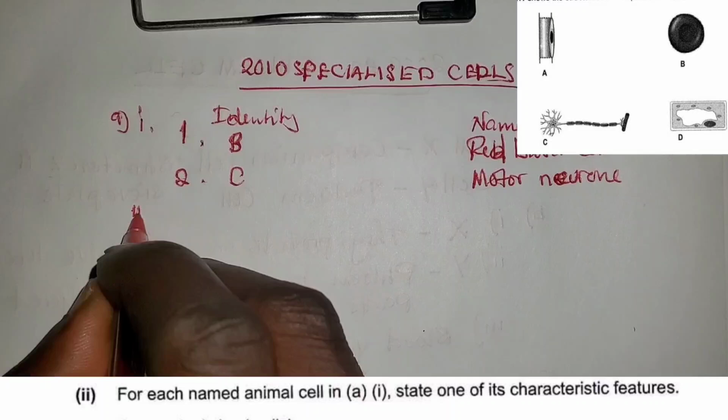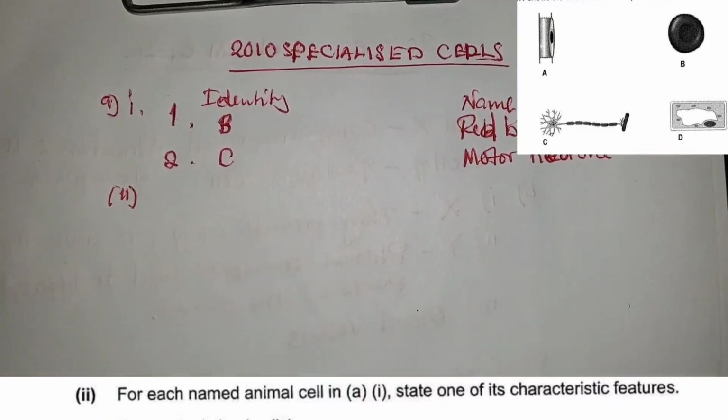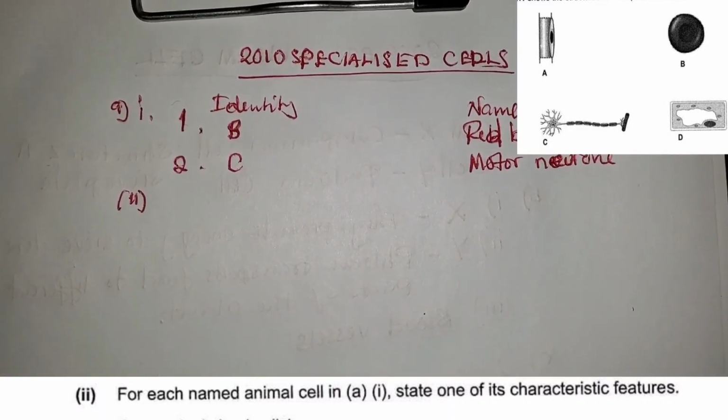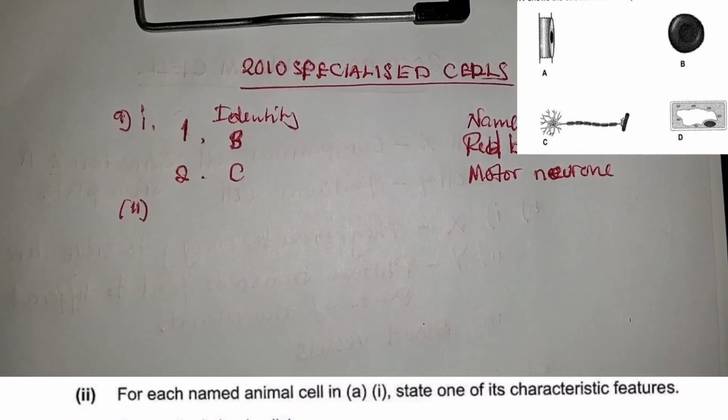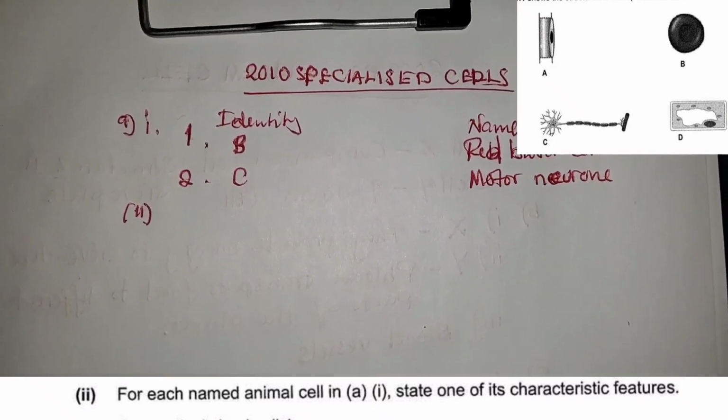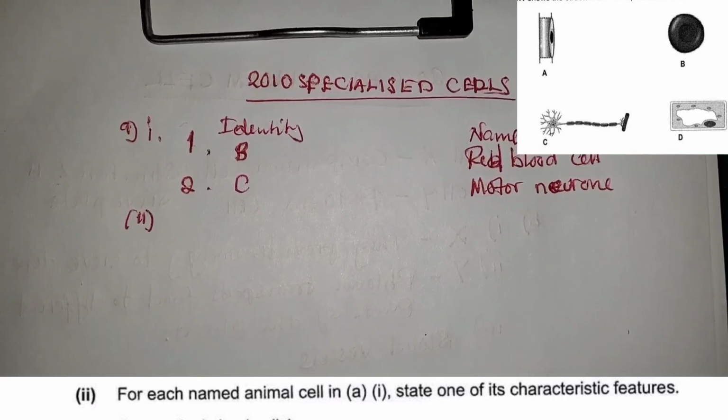Then question A2, they're saying, for each named animal cell in A1, state one of its characteristic features.